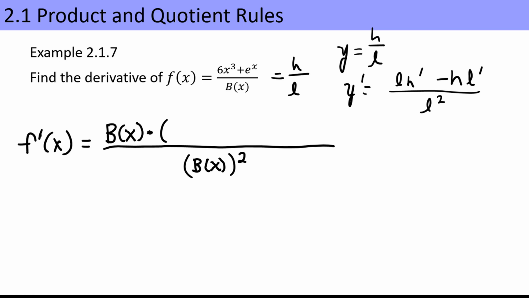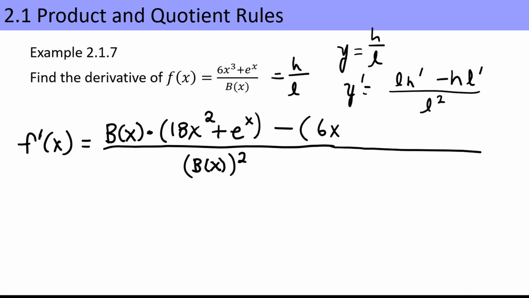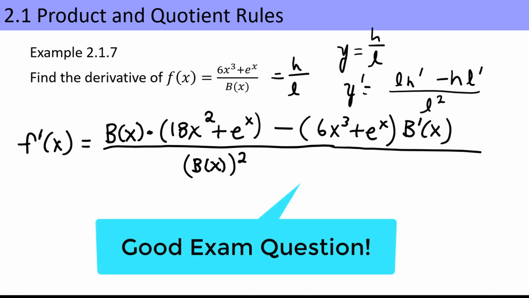So 6 times, bring the 3 down, so 6 times 3 is 18, times x to the power of 3 minus 1, squared, plus the derivative of e to the x is just e to the x. Then let's do minus. We'll write the high function, 6x cubed plus e to the x, and the derivative of the bottom, the best that we can do is just write it as b prime of x. This is a good sort of exam question.